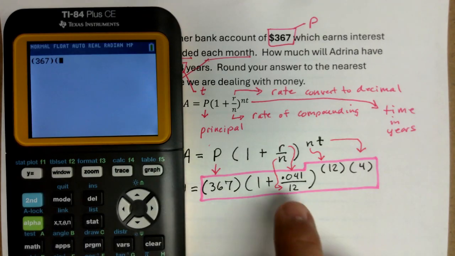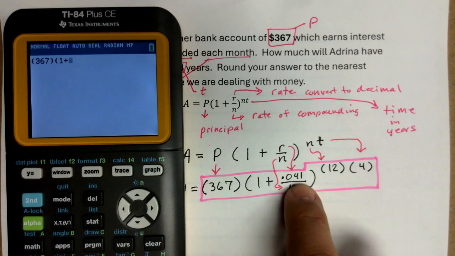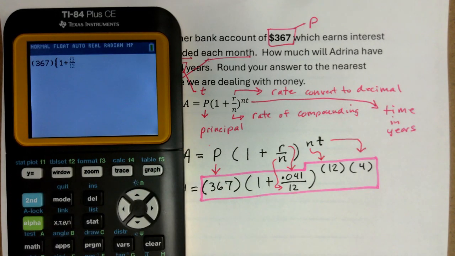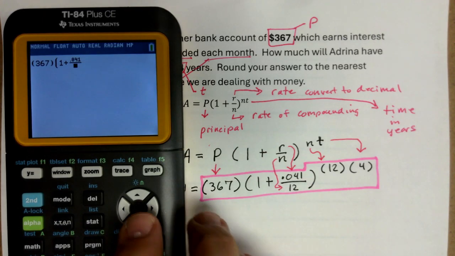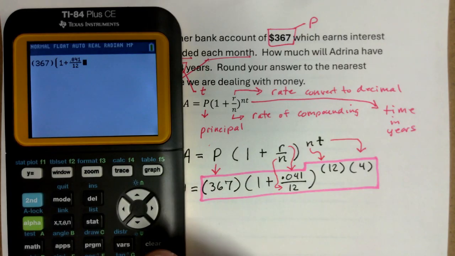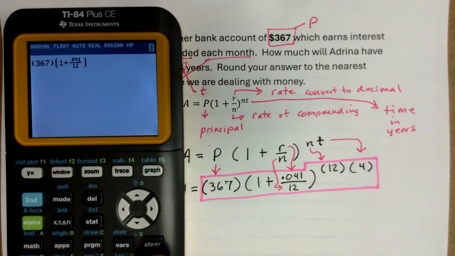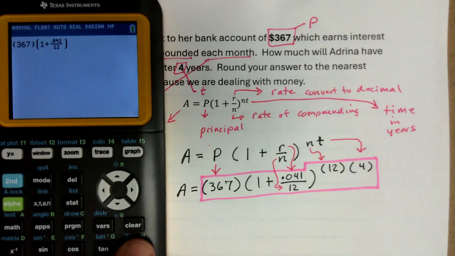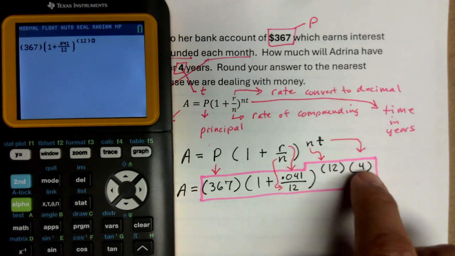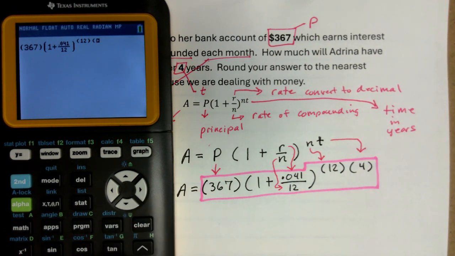Parentheses 1 plus, and for this one I'm going to do alpha y equals enter to get my fraction bar, because this is a fraction. 0.041 over 12. Click to the right, close parenthesis, and then for the power I can hit the caret key, the little up arrow. Then parenthesis 12, my n value, times t, my time, which is 4.